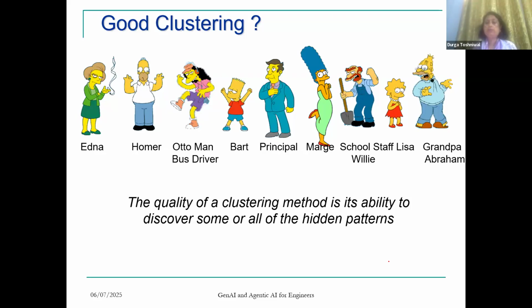And as we go along, you will realize that though it is very easy for us as humans to think about clustering, to visualize it mentally sometimes, and understand clustering, for computers it is a very challenging task to identify the clusters that are available in the given data and to cluster them correctly.